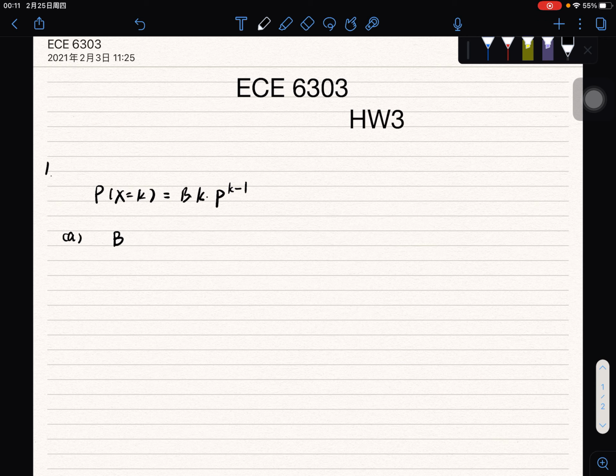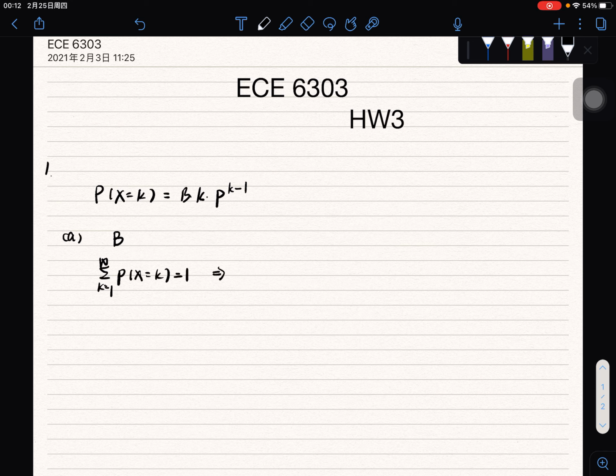We know that for a probability mass function, we have the summation from k equals 1 to infinity of the probability X equals k equals 1.